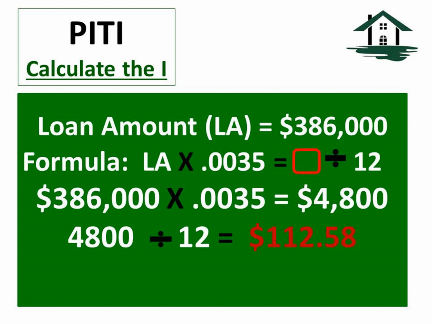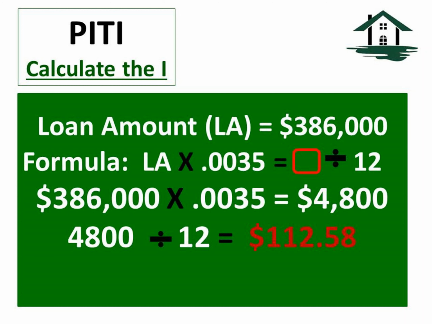And there is a formula you will need to use for this calculation. That formula is as follows: loan amount times 0.0035 equals a yearly amount. And you will need to divide the yearly amount by 12 to get the monthly amount to be used to arrive at your PITI.